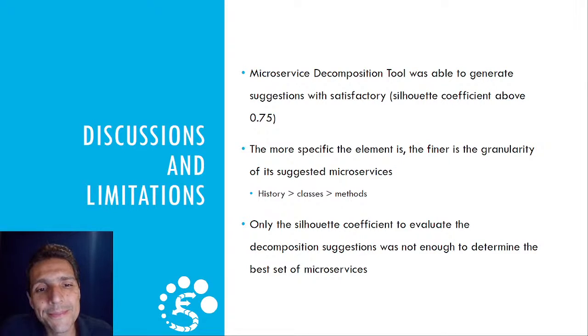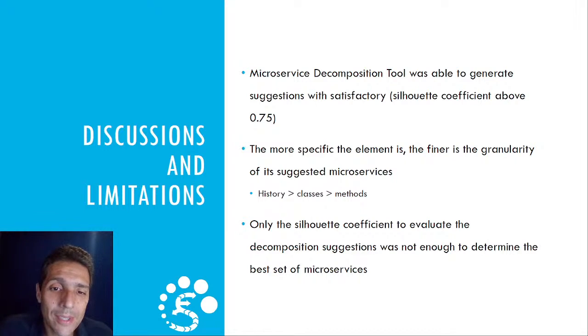So, the microservice decomposition tool was able to generate suggestions with satisfactory coefficients, satisfactory quality. A silhouette coefficient of about 75 is considered to be a very good clustering. The more specific the element is, the finer is the granularity of its suggested microservices.